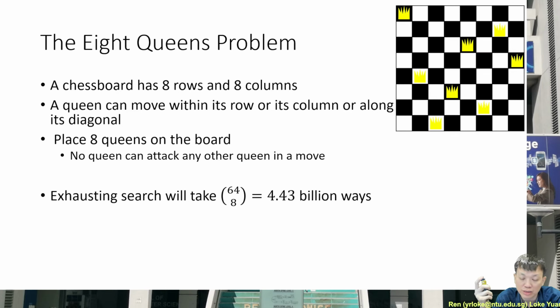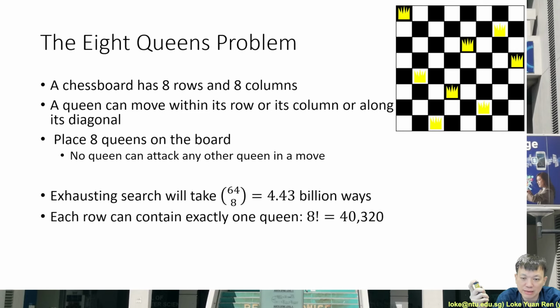So to eliminate these cases, a slightly smarter way is to only investigate cases where each row has only 1 queen. In the first row I have 8 positions to put 1 queen. Then in the second row I only have 7 possible cases.